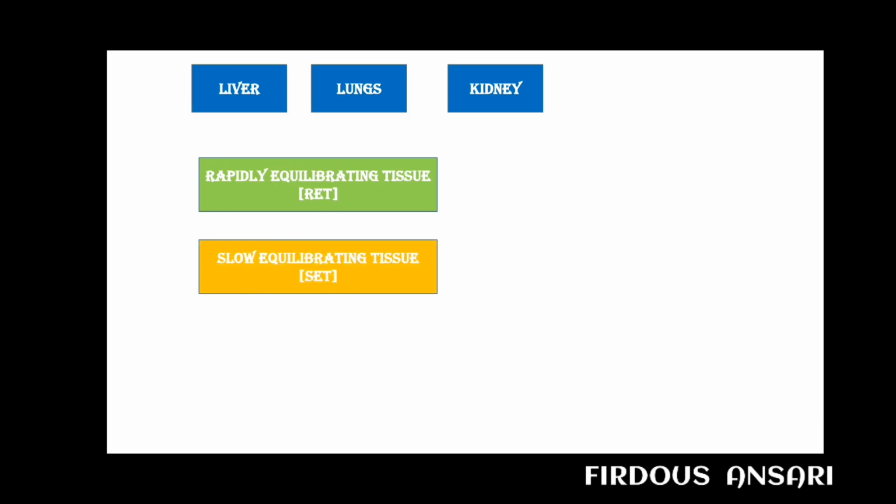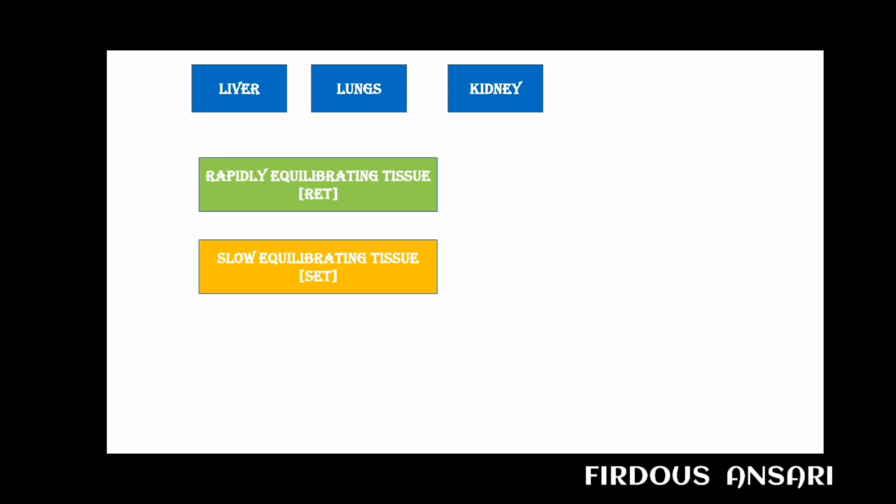Since the blood flow in these organs is very much continuous and rapid, while other organs or tissues, with respect to their blood flow and blood drug partition, are grouped in two other groupings: rapidly equilibrating tissue, abbreviated as RET, and the second one is SET, that is slow equilibrating tissues.